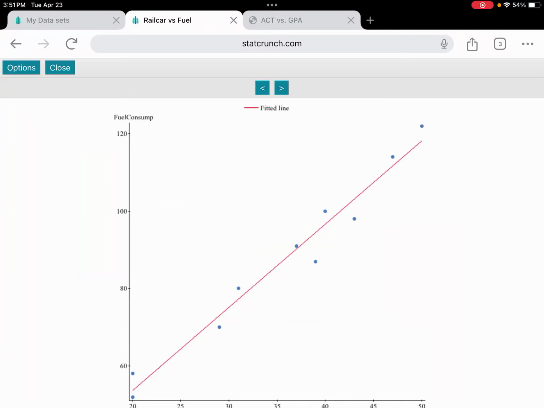The second page is a scatter plot. Here's the big thing. When you go into regression, you can skip doing the scatter plot individually by going to graph, scatter plot. You can also skip going to correlation, because if you go directly into regression, it gives you the scatter plot, the correlation, and all the regression output.